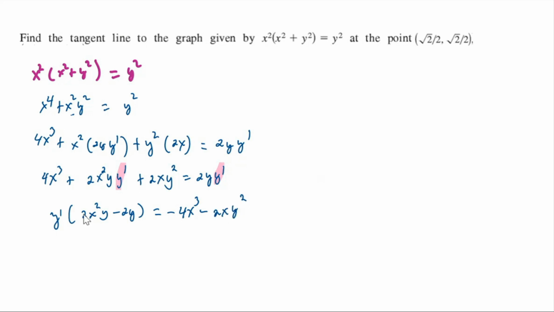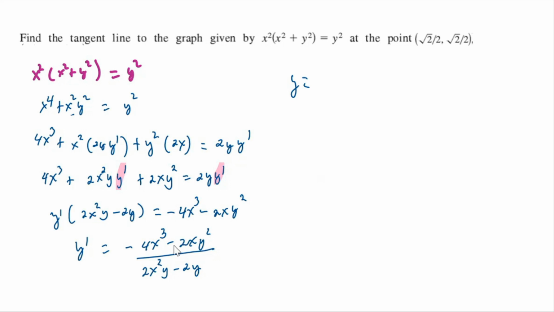Now divide both sides by this quantity of 2x squared y minus 2y. So we can write now y prime equals negative 4x cubed minus 2xy squared all over 2x squared y minus 2y. Now, if we want to simplify it further, we can use factoring if we want.